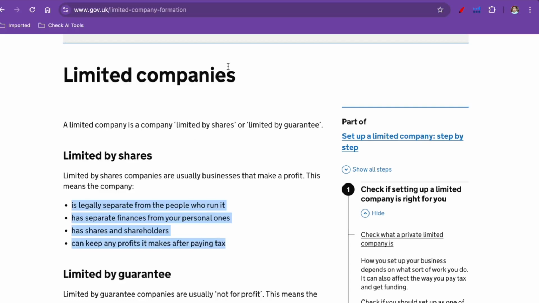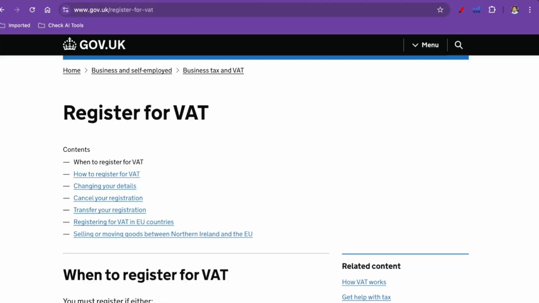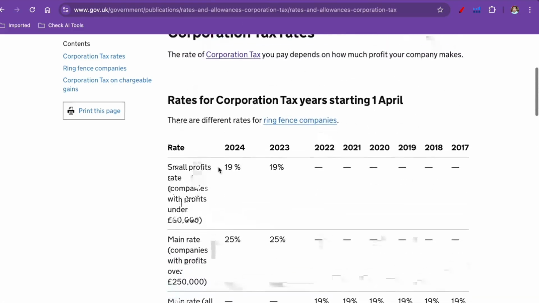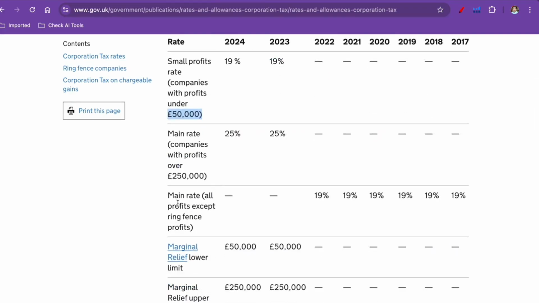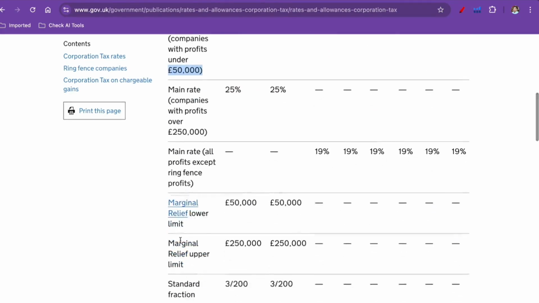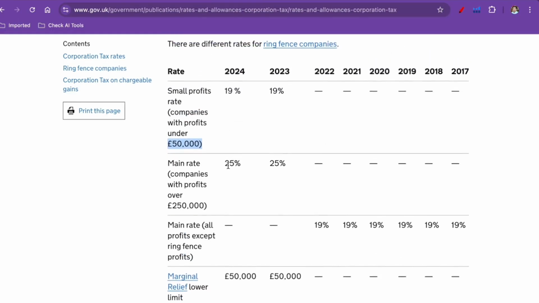Normally, limited companies do not pay income tax. Once you need to take money out of a limited company, you're going to have to pay corporation tax first. The corporation tax is normally 19%. This is if your profit is under 50,000 pounds. But if you're somewhere between 50,000 and 250,000, then you're going to pay somewhere between 19% and 25%.